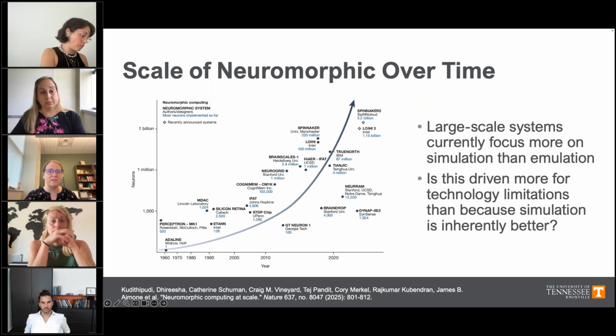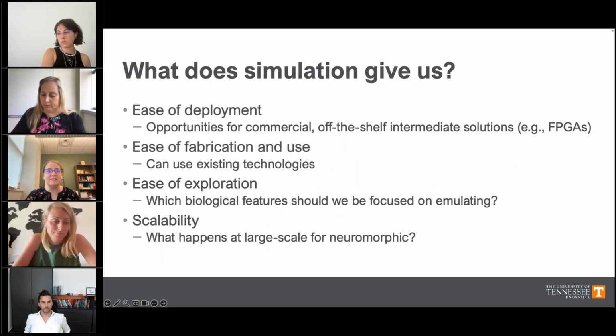But there's still a lot of value in having these very large-scale systems to help us understand what the opportunities are for using neuromorphic for computation as a whole. Some of the key characteristics that I want to highlight for simulation-based neuromorphic systems: one of the big ones is ease of deployment.